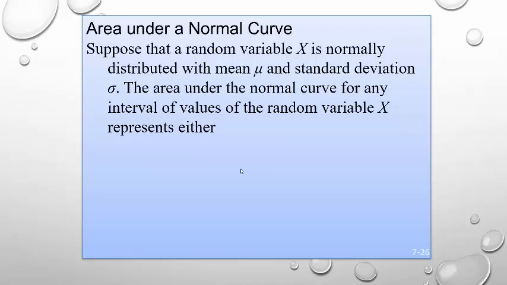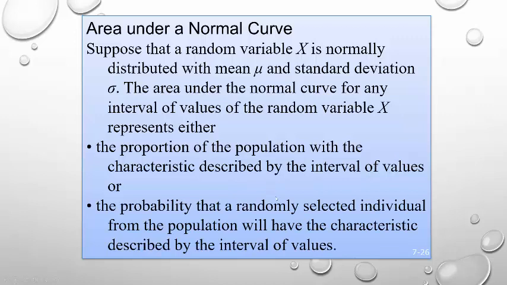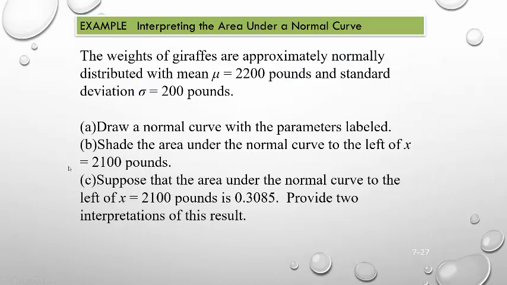The area under the normal curve for any interval of values of the random variable represents either the proportion of the population with the characteristic described by that interval of values, or the probability that a randomly selected individual from that population will have the characteristic described by the interval of values. What the heck does that mean? I promise I'll give you a good example to make this make sense.